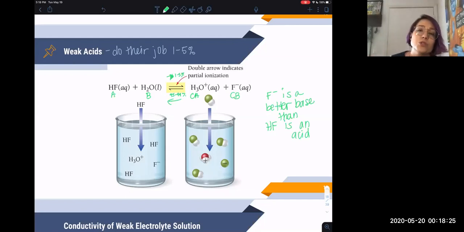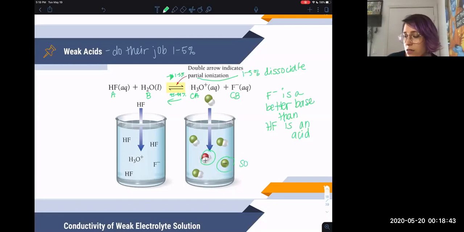You're going to use a two-sided arrow, and that means it has partial ionization. What I mean by partial is 1 to 5% dissociating. So does it make some ions? Yes, there are some ions in there.